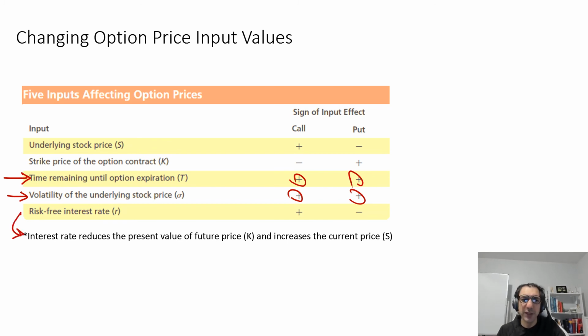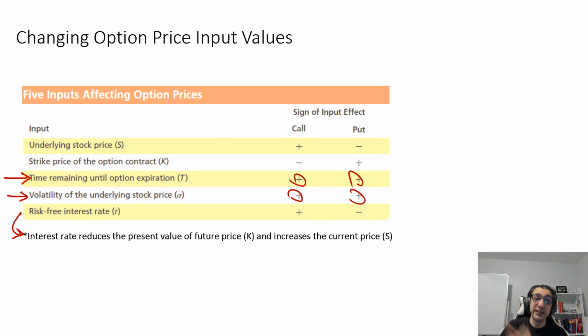As you see, because I've seen many students kind of get confused when it comes to the risk-free interest rate. Remember, the interest rate reduces the present value of the future price, which in our case is the strike or exercise price, and therefore increases the current price. That's why you see for the call option, the risk-free rate has a positive impact, and for the put option, the risk-free rate has a negative impact.